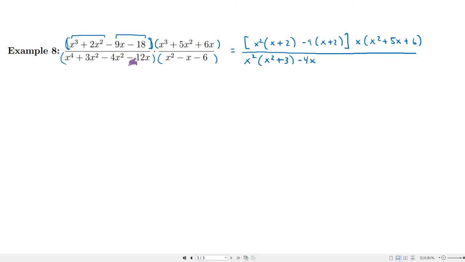So minus 4x, we would get... wait a second. Yeah, so this is not actually working out, right? Because we're not getting an x squared there.